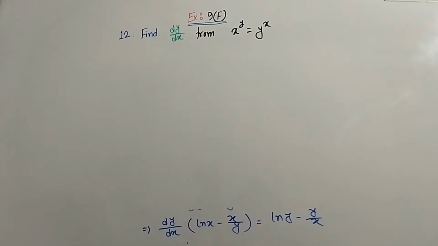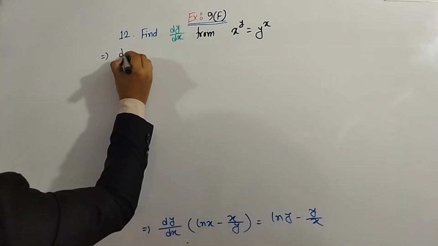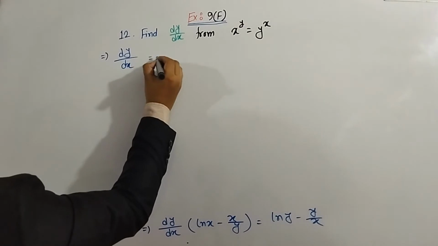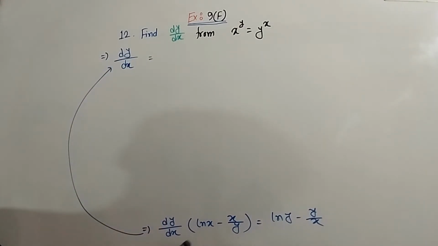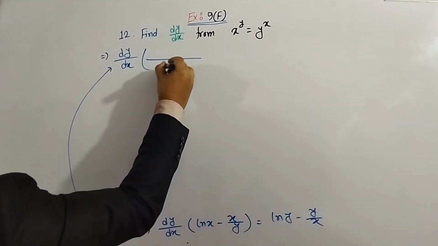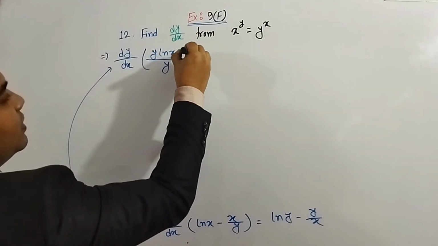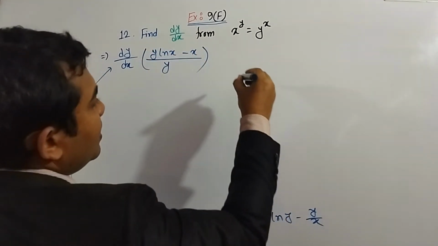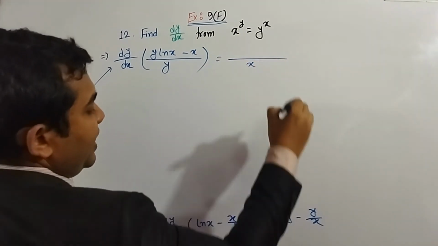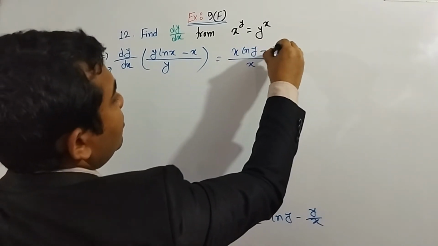Now I will erase this part, then calculate from the top part. Our last line was dy/dx into this and this. Then we can write dy/dx equals, from here to here we go for an LCM first. Here it will be y ln x minus x, and here the LCM should be x ln y minus y.